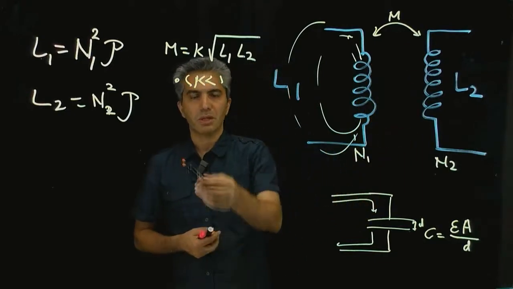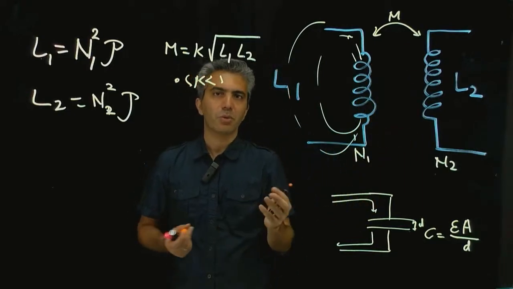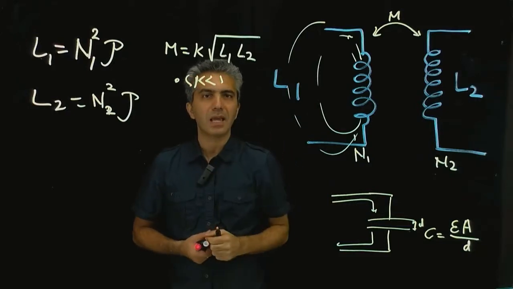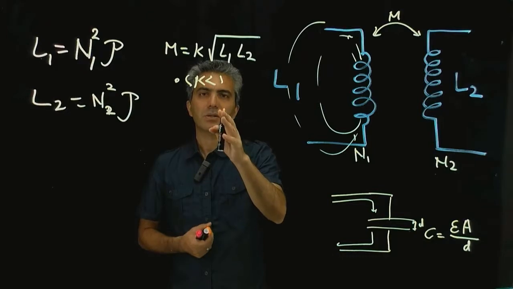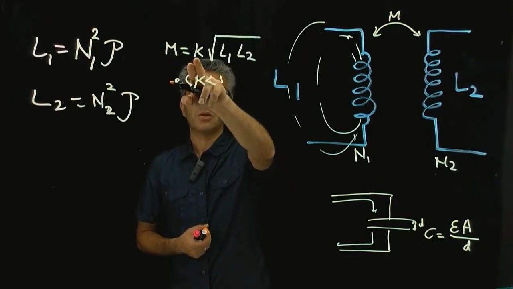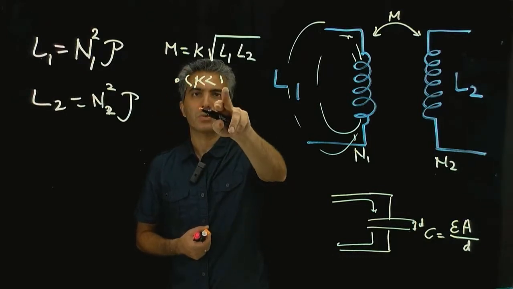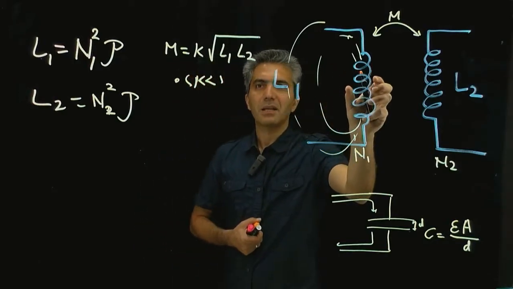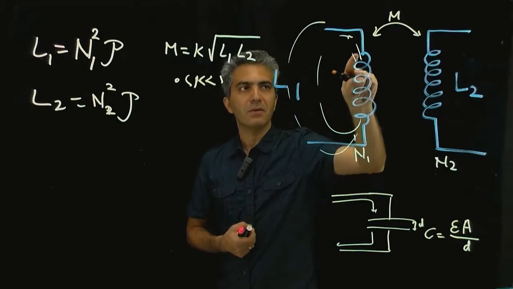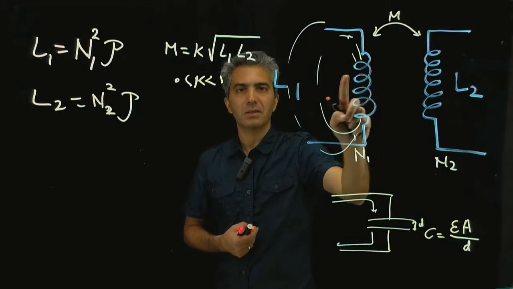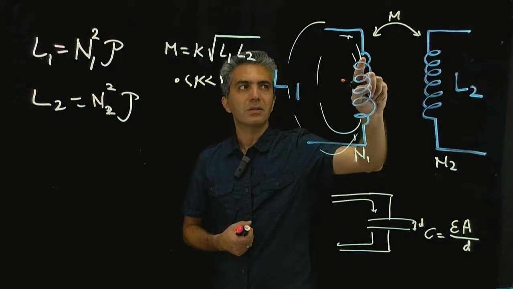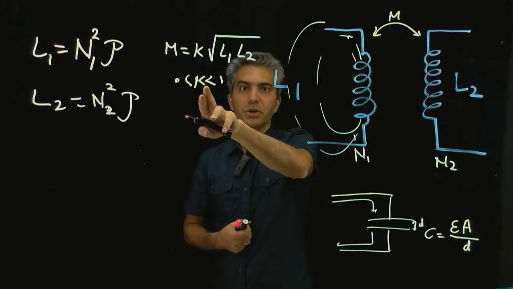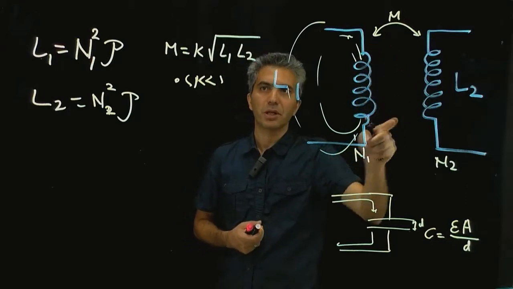You can look up the book and read about this more, but at this point we really don't care about what exactly constitutes K. We only limit ourselves to knowing that the closer this number is to 1, the more of the magnetic field formed as a result of current passing through one of these inductors is going to couple to the other one.